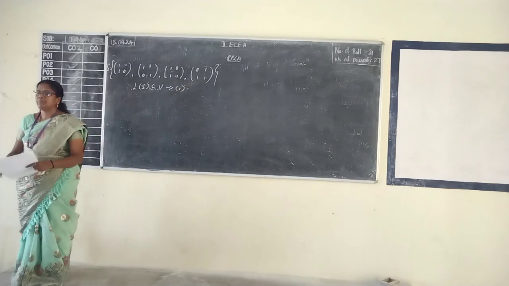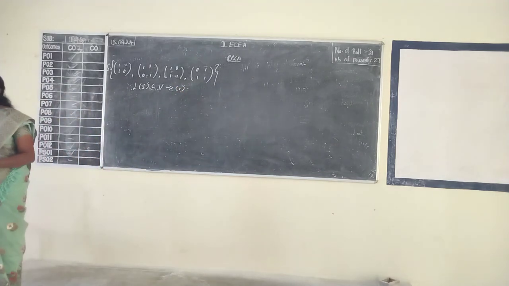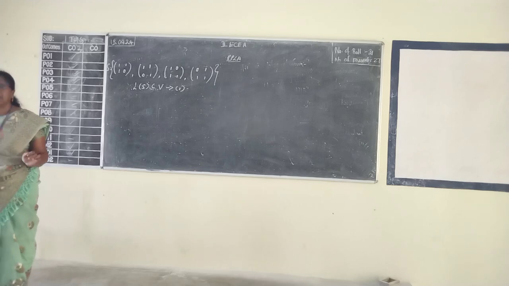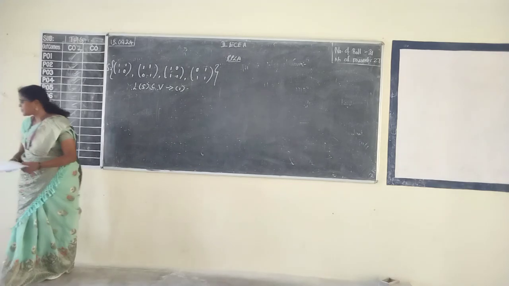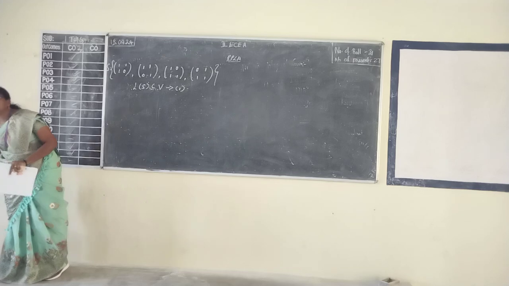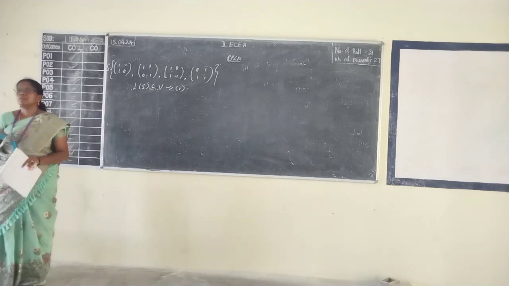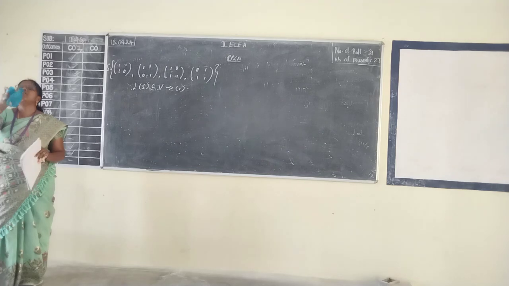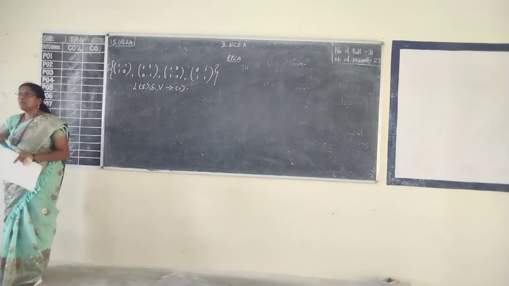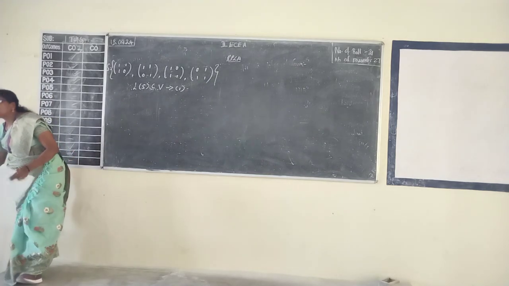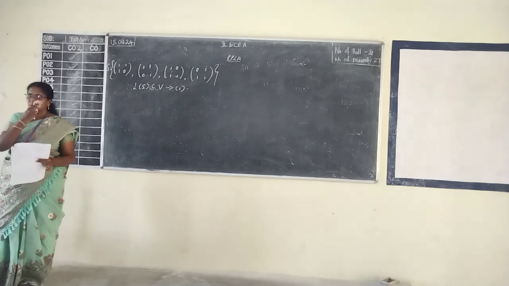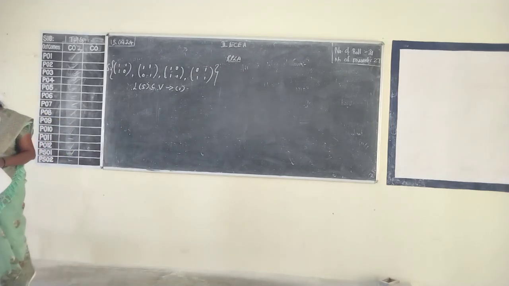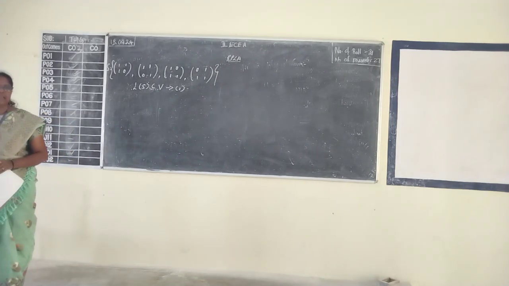What is the next step? We assume an element from B. What is our B? The set of all 2 by 2 matrices. So how do you assume? A11, A12, A21, A22. You have to assume the elements in B in the form of 2 by 2 matrices.